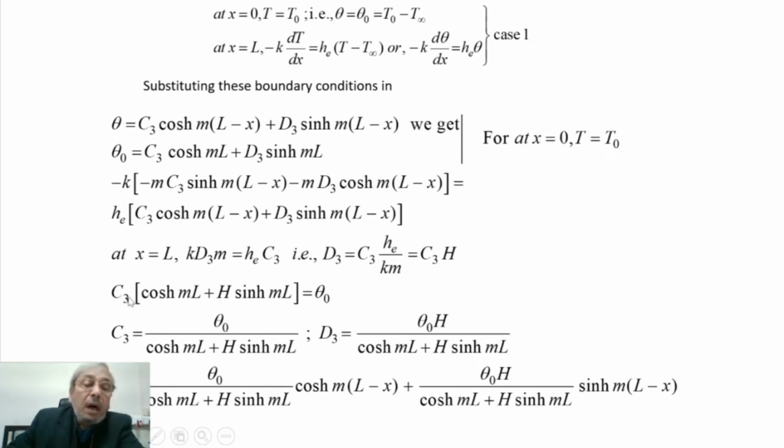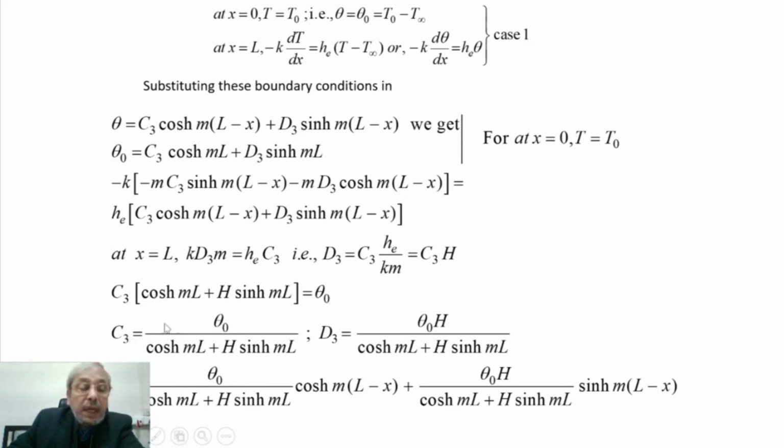Now from here we can write C3 cosh mL plus H sinh mL equal to theta naught. That means we get D3 in terms of C3, and this D3 we substitute as C3 into H, and then we take C3 outside the bracket and we get this expression.